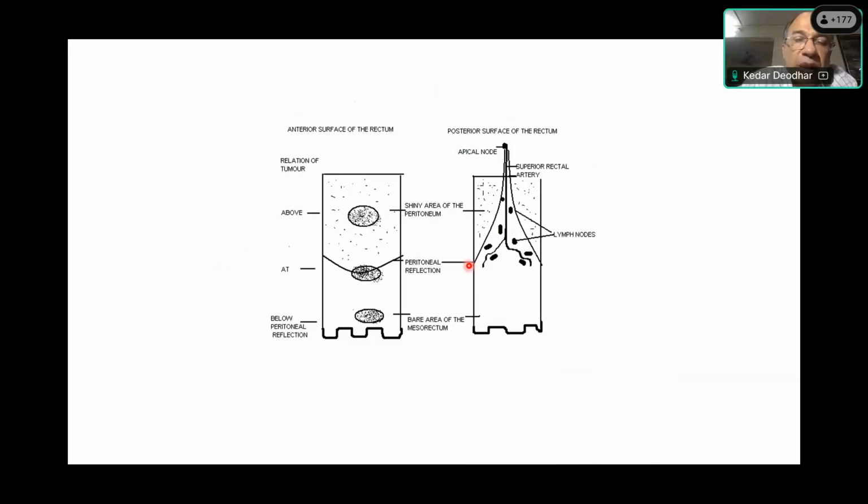So this is a cartoon taken from the FRCPath data sets. On the rectum anteriorly, we have, slightly lower down, a serosal peritoneal covering, and posteriorly the peritoneal covering is higher up. If we imagine a tumor in the upper rectum, it has anteriorly serosa. In the mid rectum, it could be at the peritoneal reflection, above and below. And in the lower rectum, typically the tumor does not have any peritoneal or serosal covering.